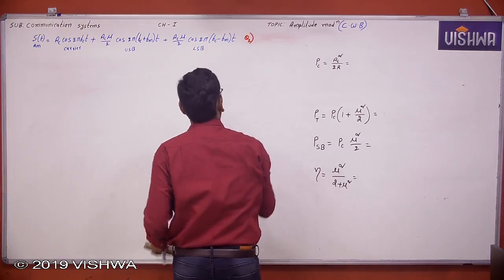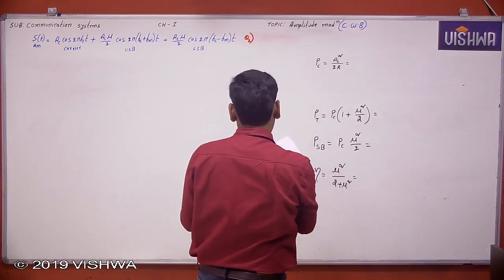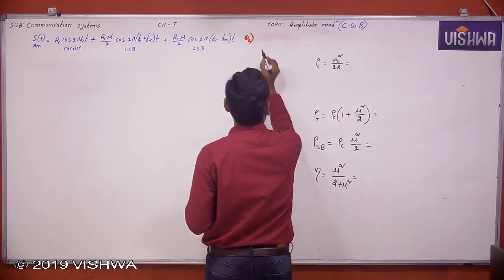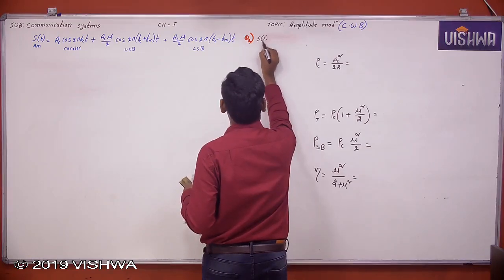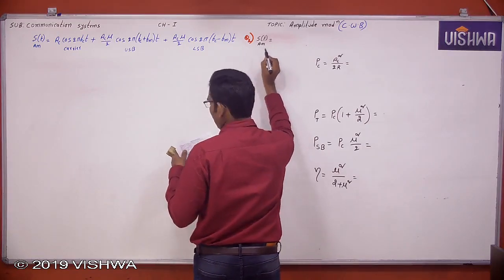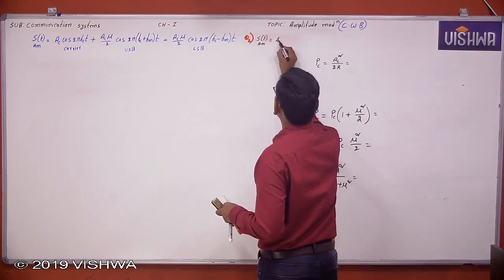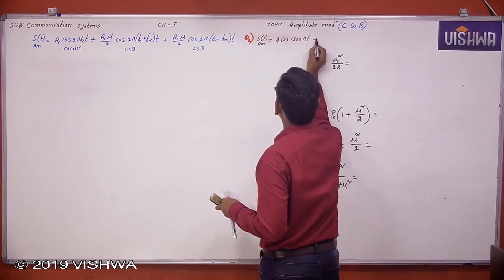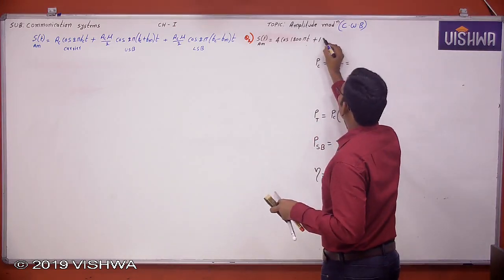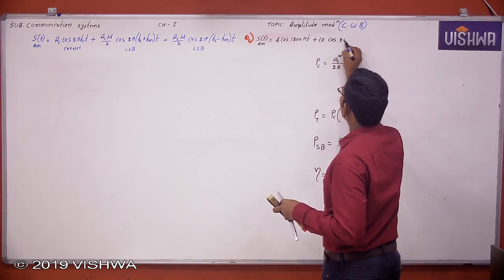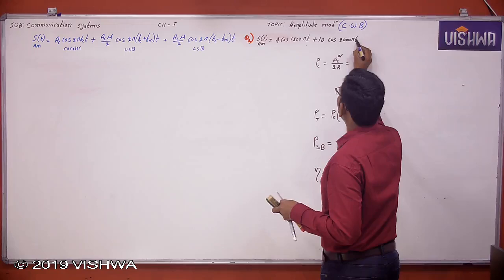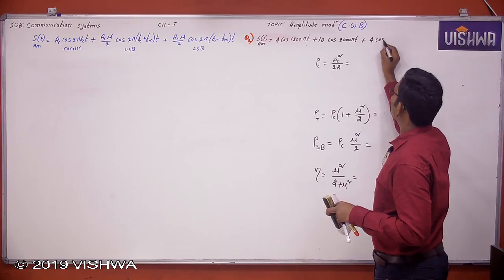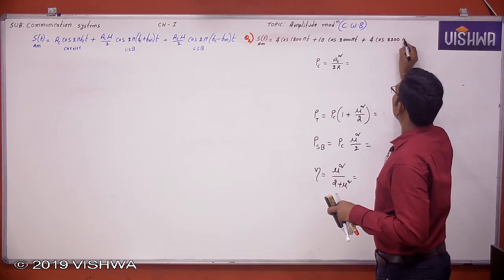Classroom workbook, question number 2. An AM signal represented in time domain as S of t equals 4 cos 1800 pi t plus 10 cos 2000 pi t plus 4 cos 2200 pi t.